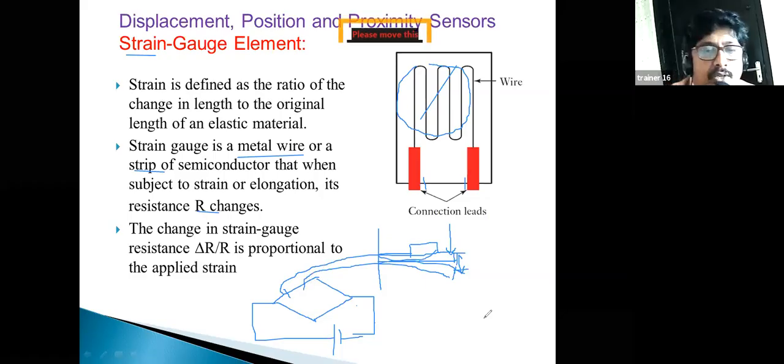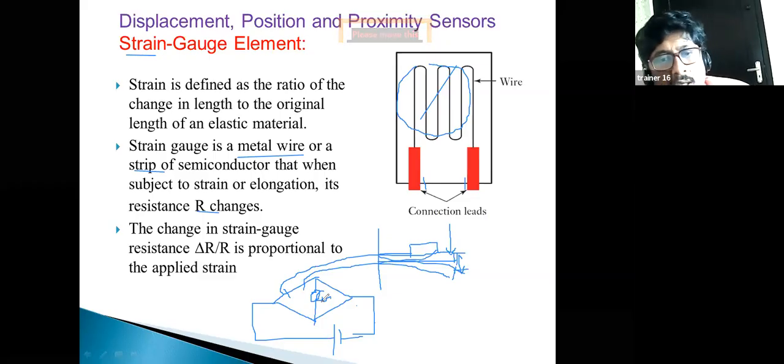Thereby there will be a change in the resistance, and the galvanometer reading deflects. This is a galvanometer. In this galvanometer, the reading deflects, indicating voltage. That voltage is calibrated in terms of the displacement moved, or how much strain is in the beam.